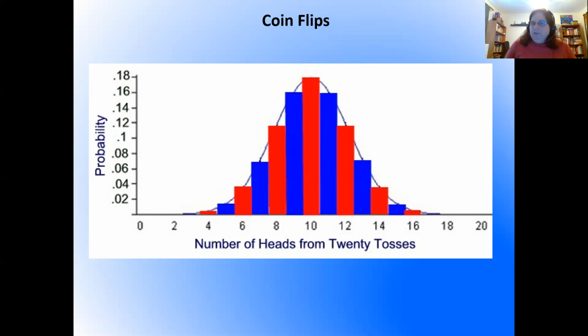Now I want you to think for a moment, now we've got 20 tosses. How many possible outcomes are there now? How many different ways can we record all the possible outcomes that can occur? Guess something in your head. I will tell you that it's a little over 1 million outcomes with 20 tosses. It's actually 1,048,576 outcomes.